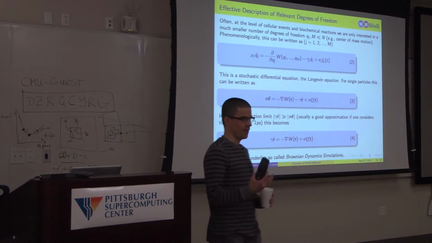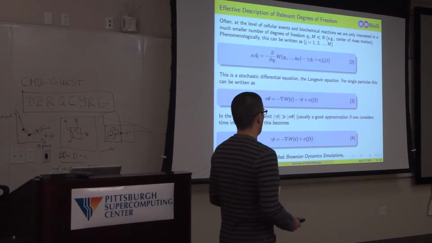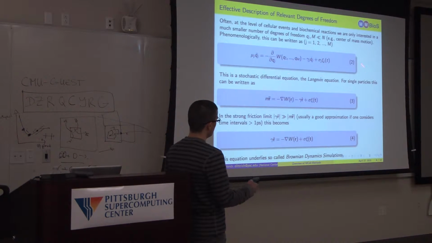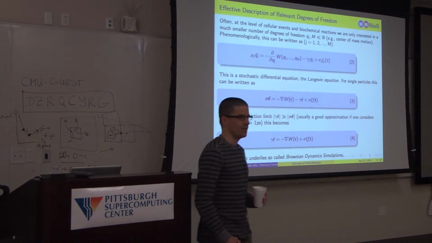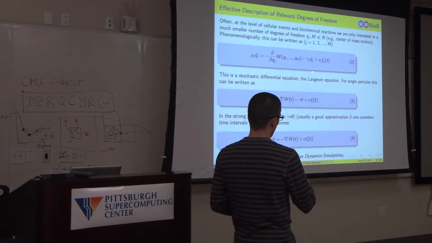Physicists would say integrate out these degrees of freedom, and we come up with a renormalized type description. The equation you can come up with is something like this. It looks similar to the Newtonian type MD equation for this reduced set of degrees of freedom, but you get some additional terms. And these are actually the key terms here. This term is proportional to the velocity.